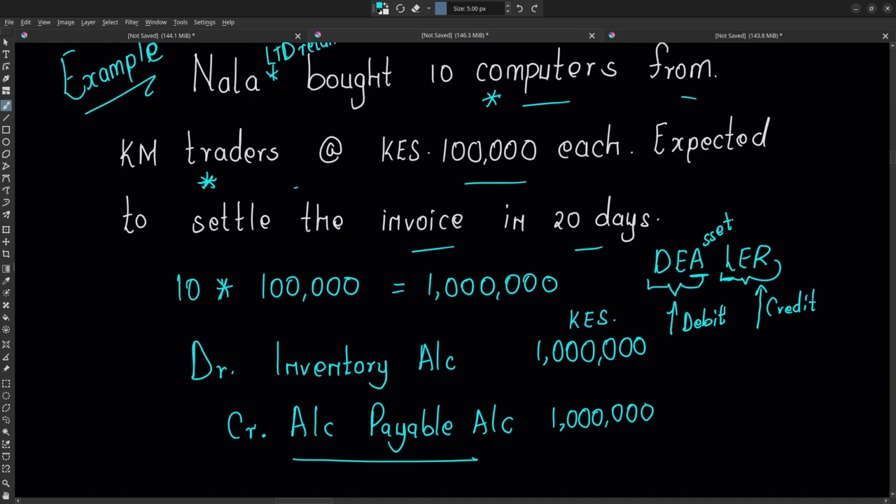So here, when we are crediting account payable, we are recognizing an increase in that account. Let's assume we didn't have anything that we had not settled, so our balance was 0, but now we have $1 million to recognize as our account payable. So here we are increasing the amount in the account payable by crediting that account.